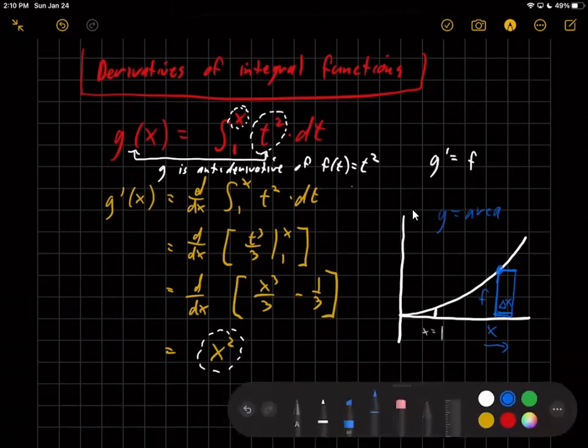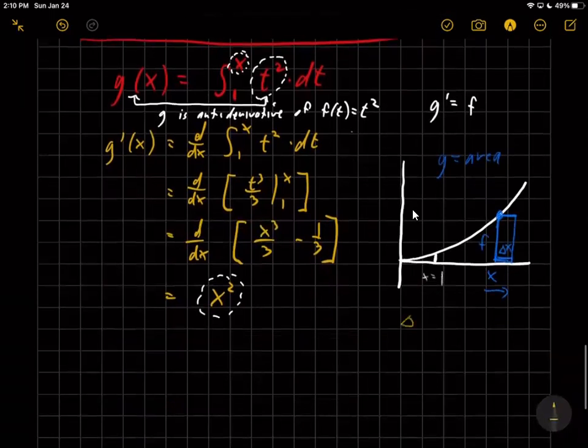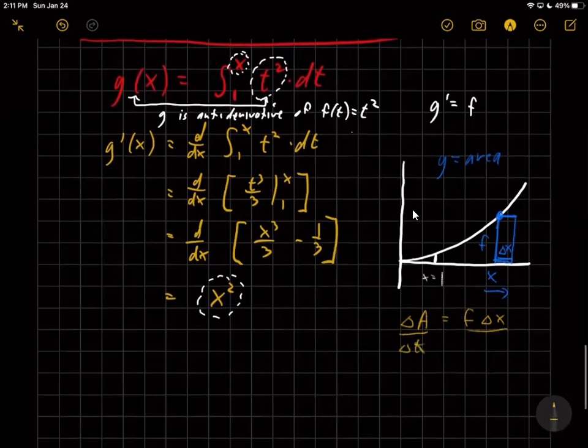So the change in area is equal to f delta x. If I want the rate at which the area is changing, I'll do that over delta x.